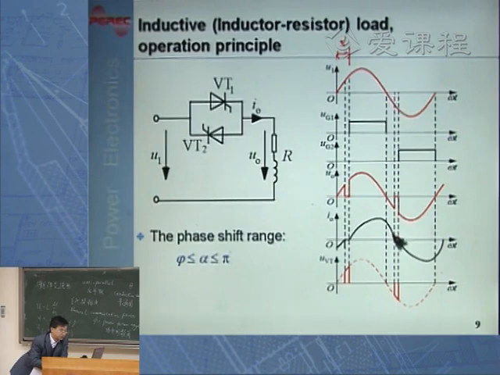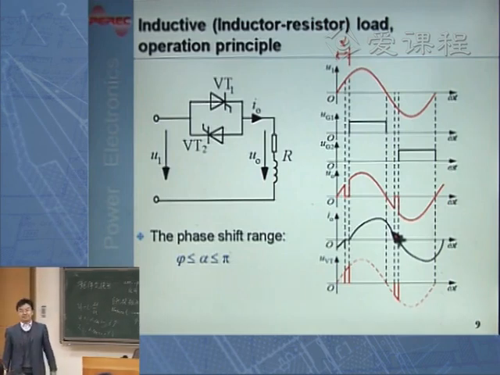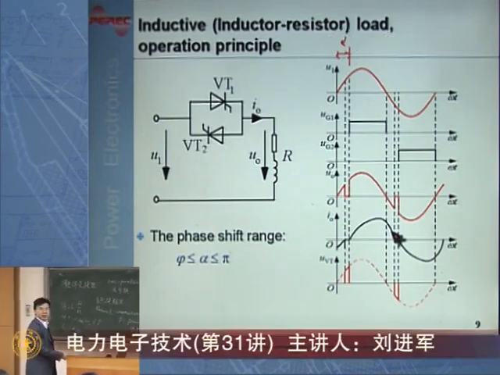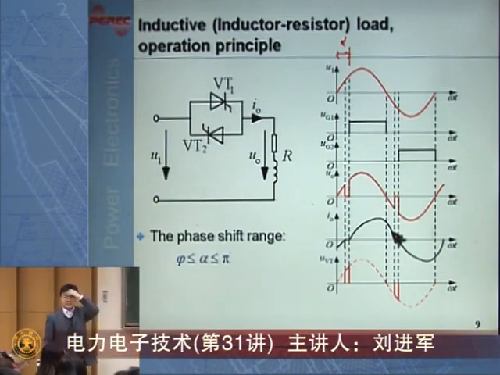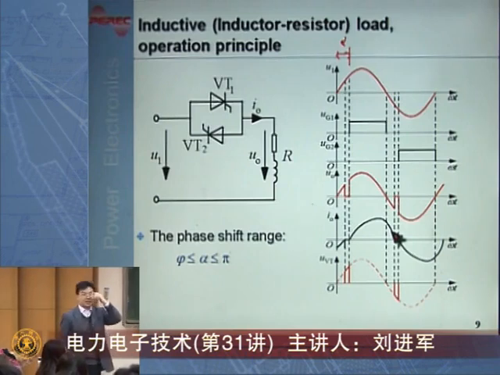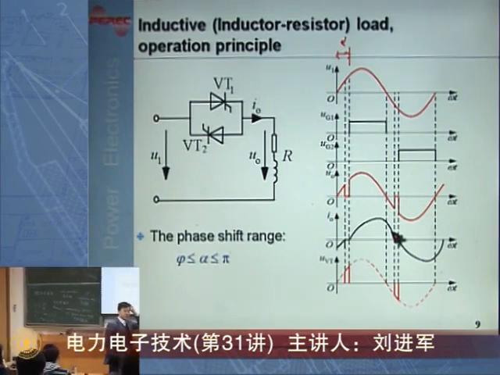If I trigger VT2 at a smaller alpha, that means when this current flowing through VT1 has not decreased to 0 yet, I trigger VT2. What happens? What's your answer? This time VT2 doesn't conduct. VT2 does not conduct. You can think about that during the break. What happens?